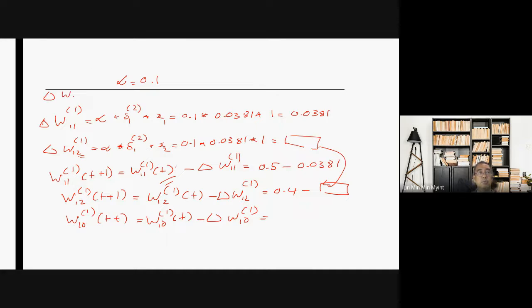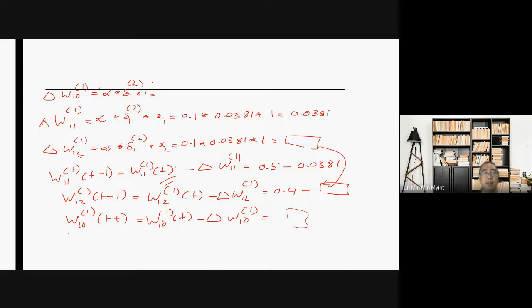Delta W101, we have to calculate with the same training rate, multiplied with sigma 1, 2. But this is a bias, so there's no input, just one. If you calculate this one, you will get the value, and then you can substitute here.